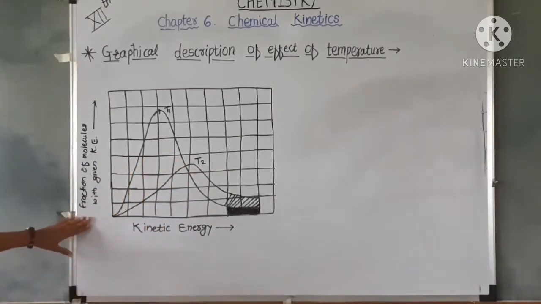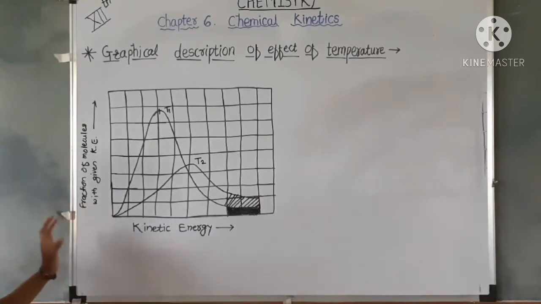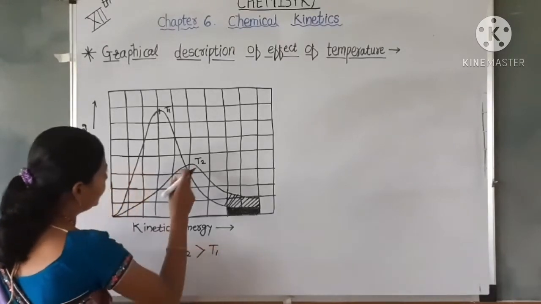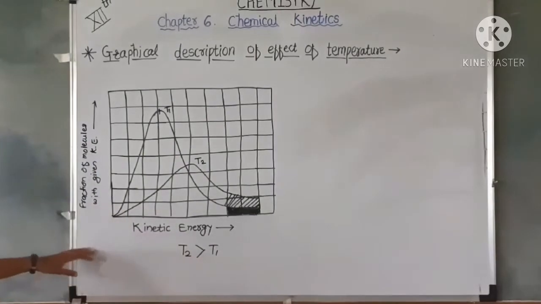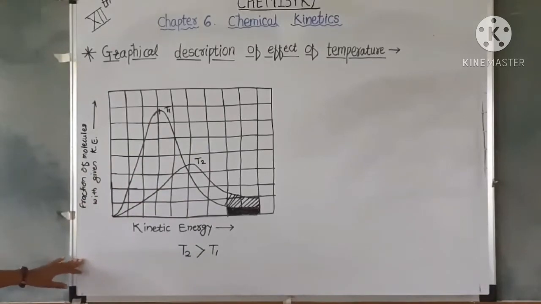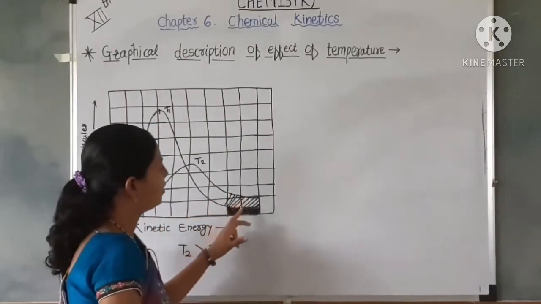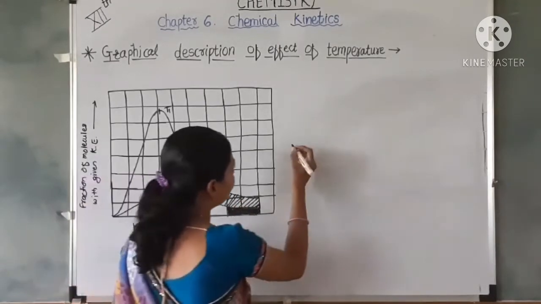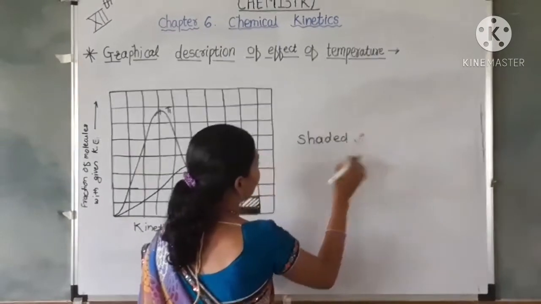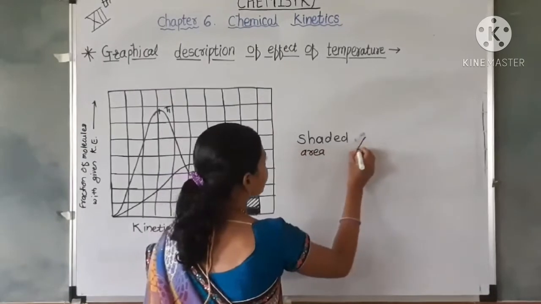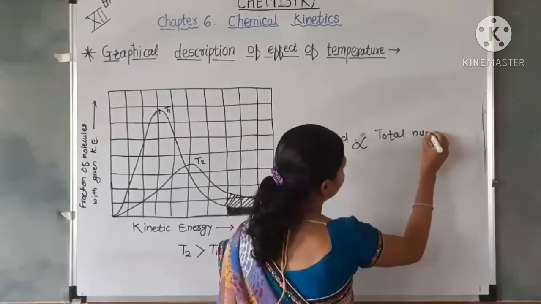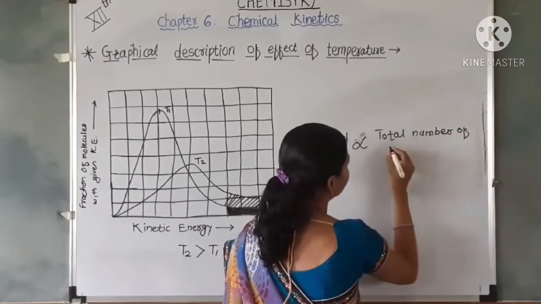Here T2 is greater than T1, that means T2 is the higher temperature. The shaded area is directly proportional to the total number of molecules.